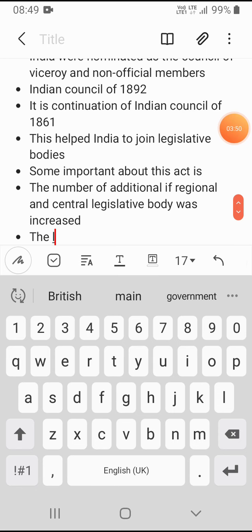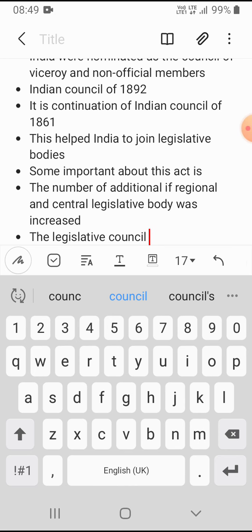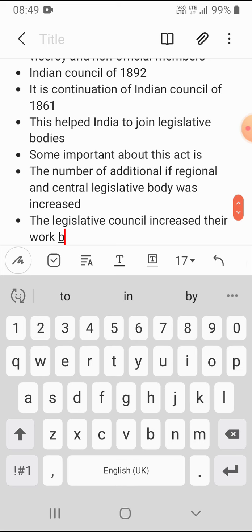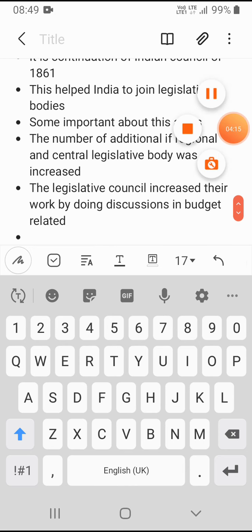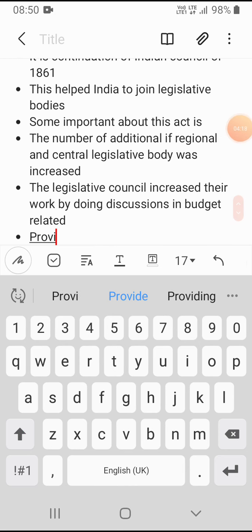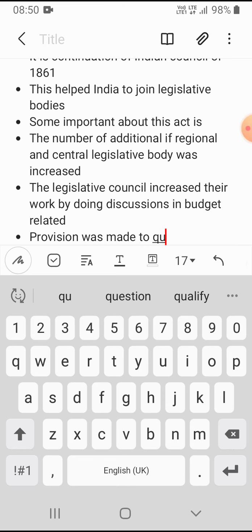The legislative council increased their work by discussing the budget and related issues, and a provision was made to question the government on public issues.